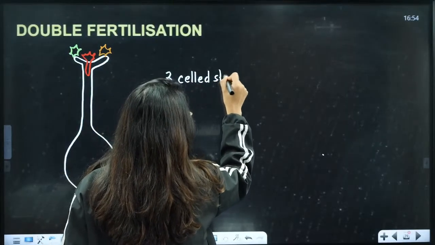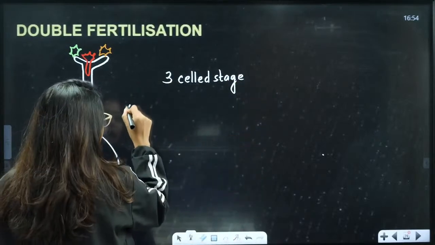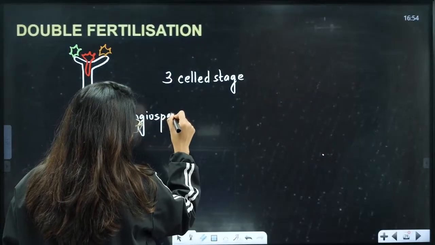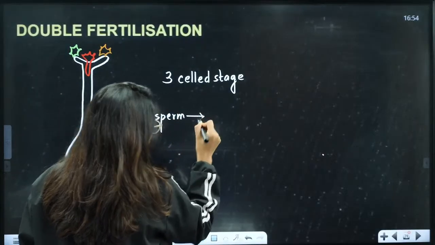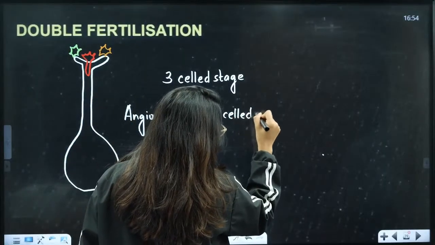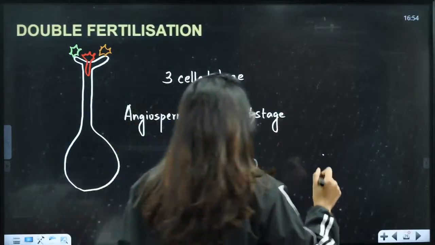Normally, students, in angiosperms there is something called the two-cell stage. Very simple, okay?